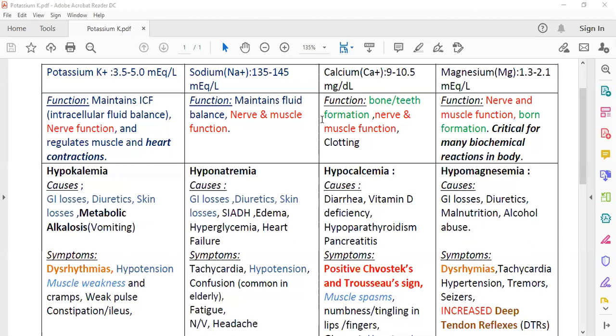The reason I put everything on one page is so that you can compare and contrast them when you study them. The first one is potassium, second sodium, third calcium, and fourth magnesium.